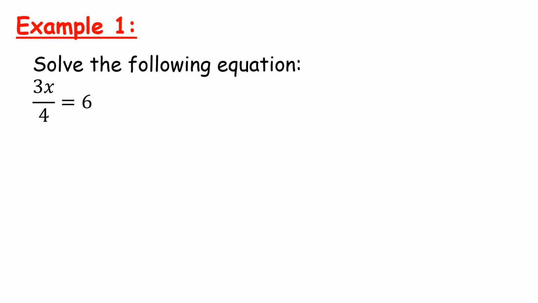So the trick we learned, and the trick we're going to use today, is you multiply both sides by the denominator. And I'm going to go one step further here, and I'm going to say by the lowest common denominator.